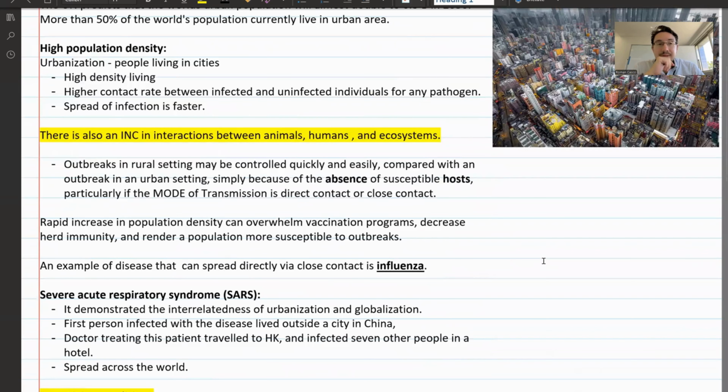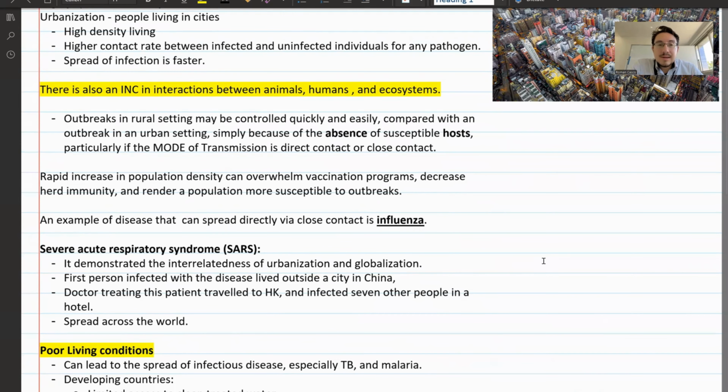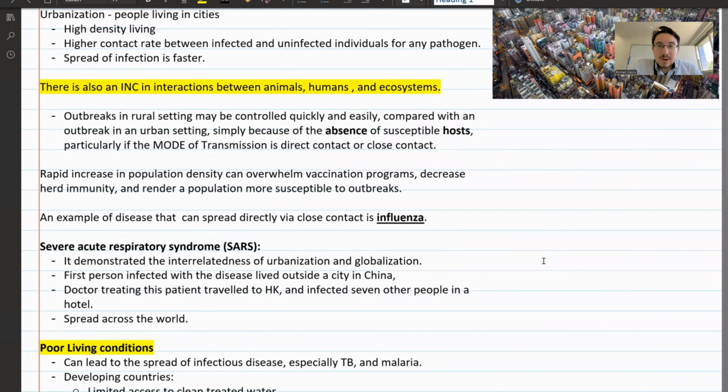Aside from that, there's an increase of interactions between animals, humans, ecosystems in general, right? And if you remember from Unit 1, the only organism really in city ecosystems is the human. Of course, you do have some little pests going around, especially insects, that can serve as vectors.